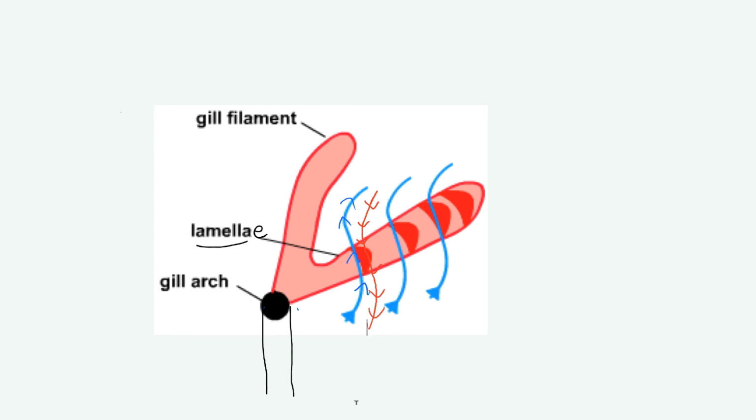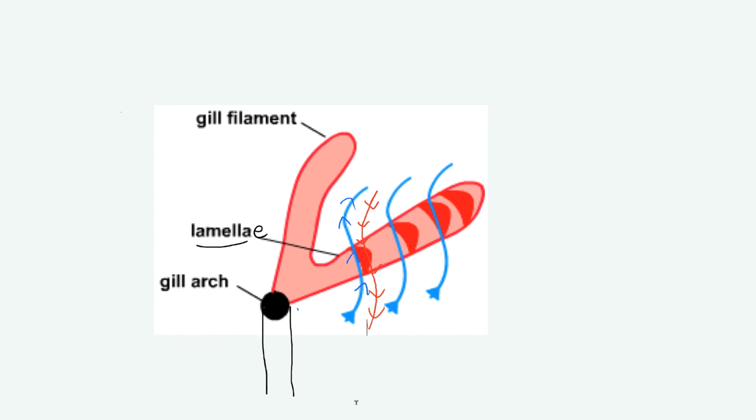And with the blood flowing in the opposite direction to the water, what that does is it maintains the concentration gradient. Because as the water's going through, it's reaching new blood which does not have oxygen, and so more and more oxygen can just diffuse into the blood as they're rushing past each other.